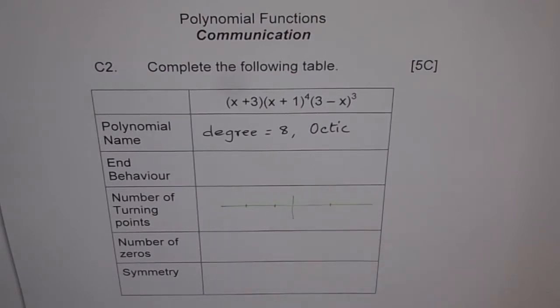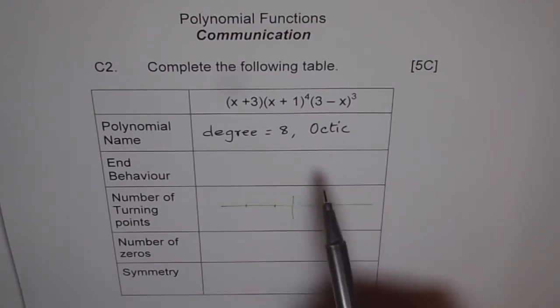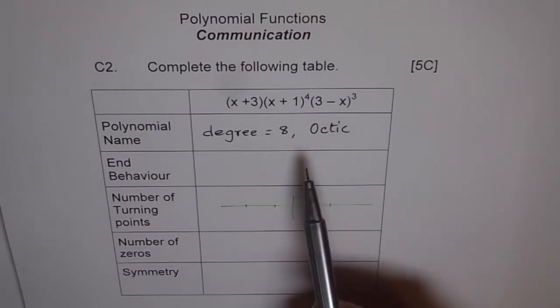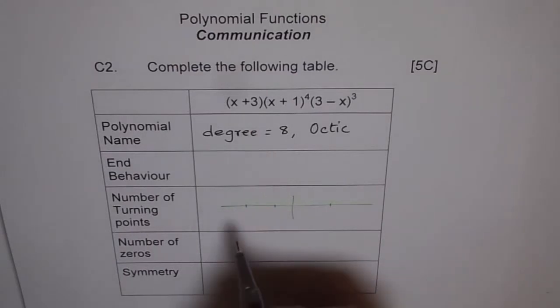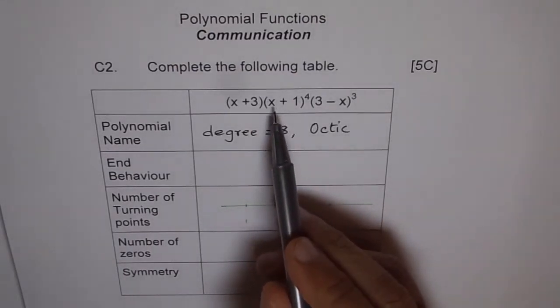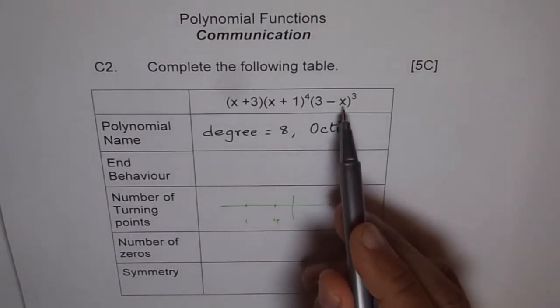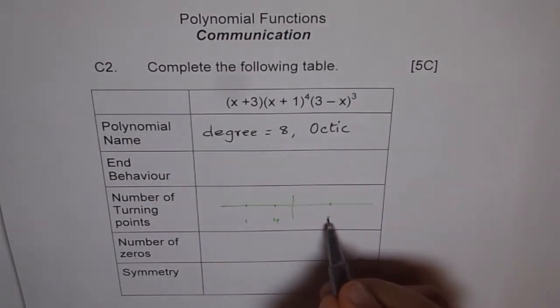Correct? Now these zeros are of different order or multiplicity. So the zero at -3 is order 1, right? This is of order 4 at -1, and the one at 3 is of order 3.